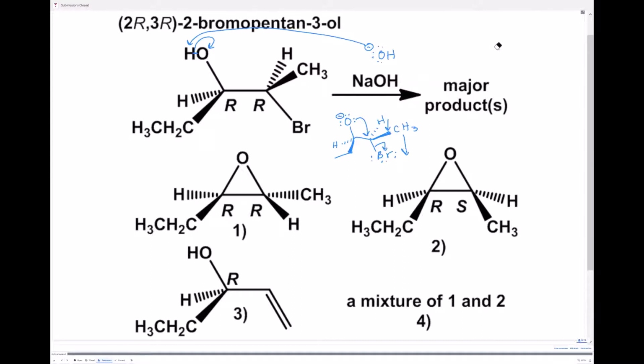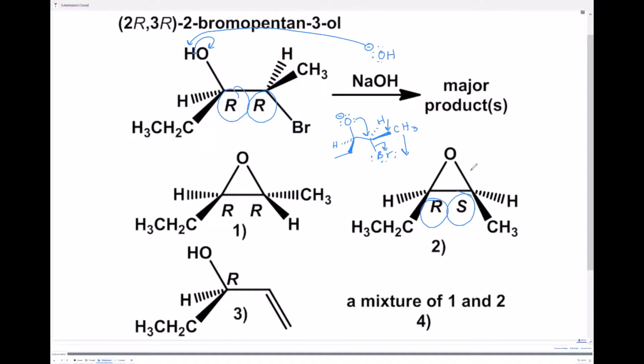Does that make sense? I also want to point out that in this case, it went from RR to RS, so it was a literal inversion of stereochemistry.